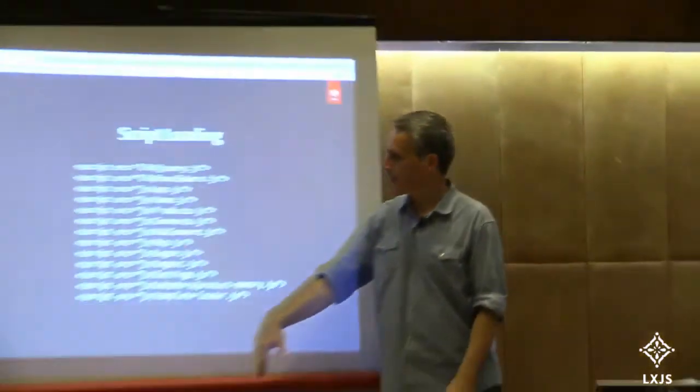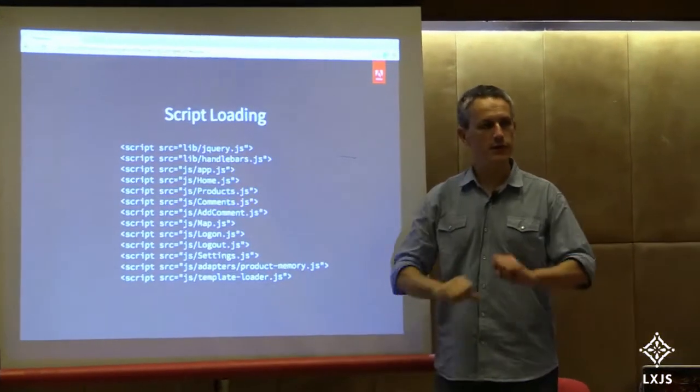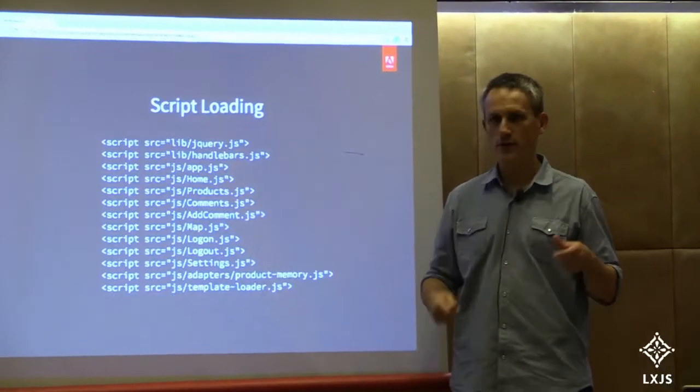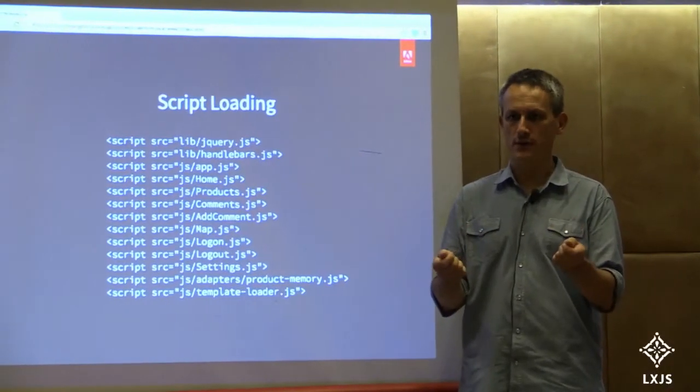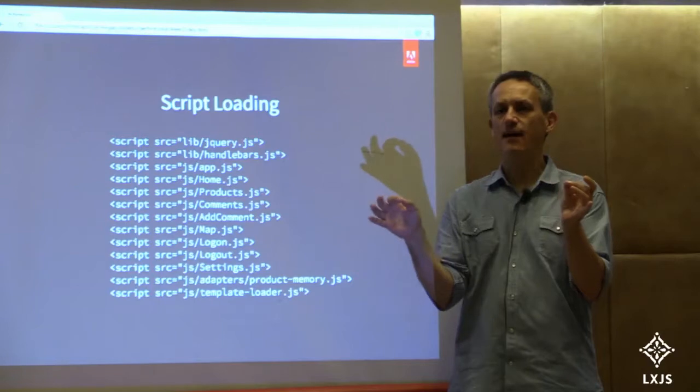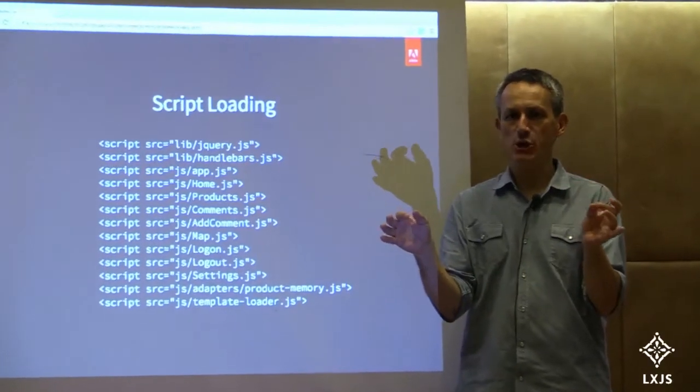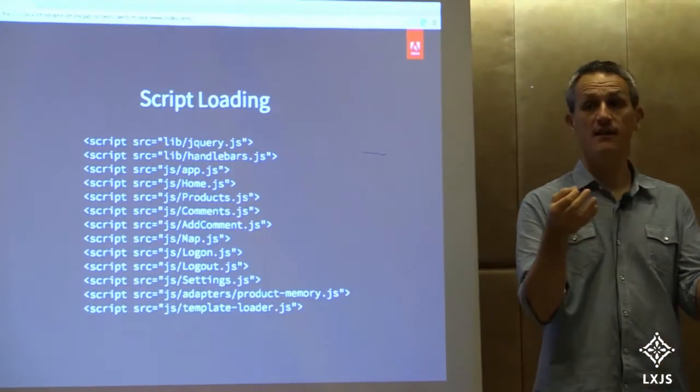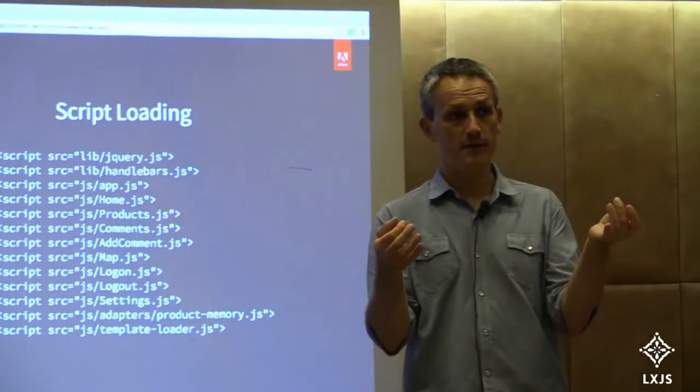So required.js gives you a solution to this. You don't need to define all these scripts. Every time you write a module, you basically declare the modules you depend on. So you declare your dependencies. Required.js is going to be smart enough to say, OK, that one is loaded, I'm all set.